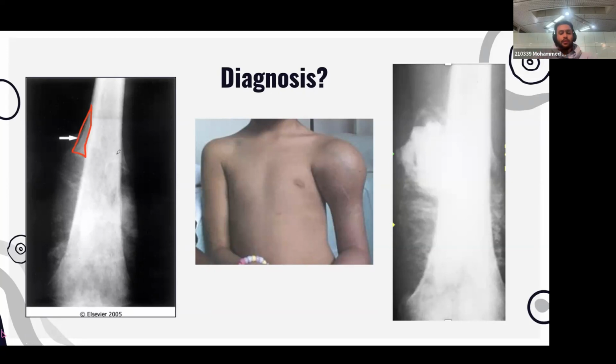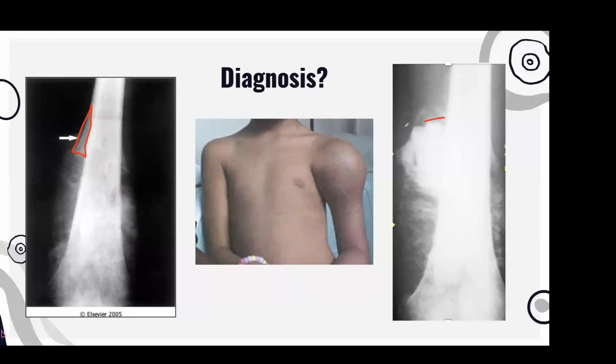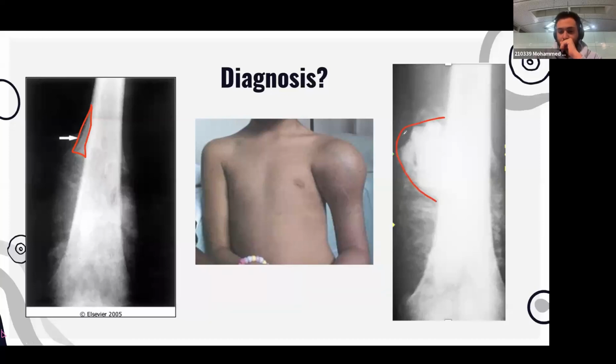Very important to know this sign. The second one is this one. What is this sign called? Sunburst appearance. Perfect. This whole tumor is the osteosarcoma, and all of this coming out is a sunburst appearance with the tumor.